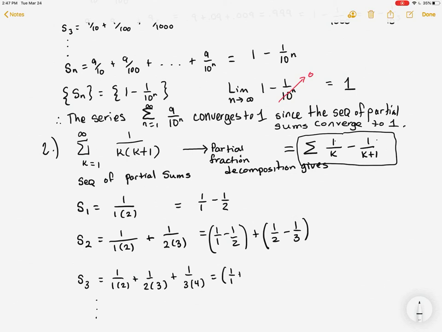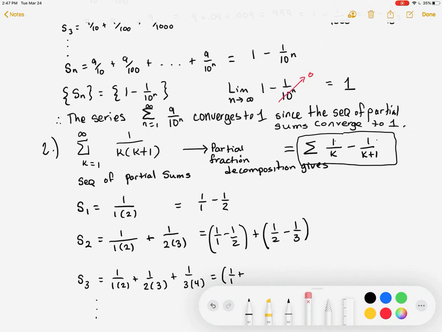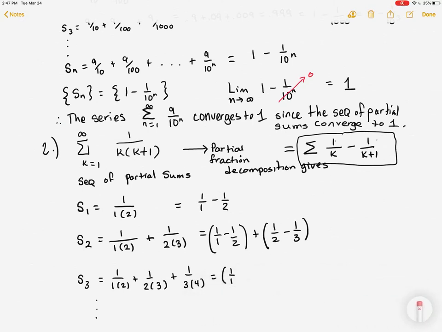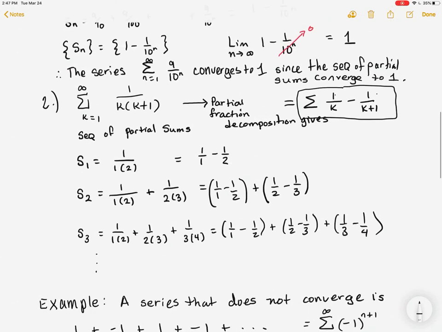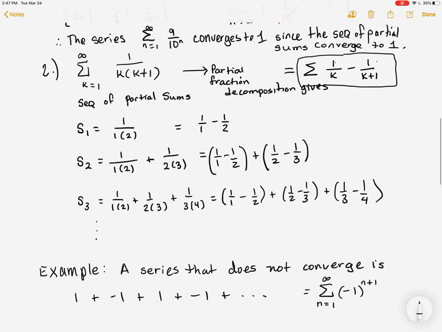Take the first two terms from above, minus 1 over 2 plus 1/2 minus 1 over 3. The next term will look like 1 over 3 minus 1 over 4. Let's just notice what's going on here.